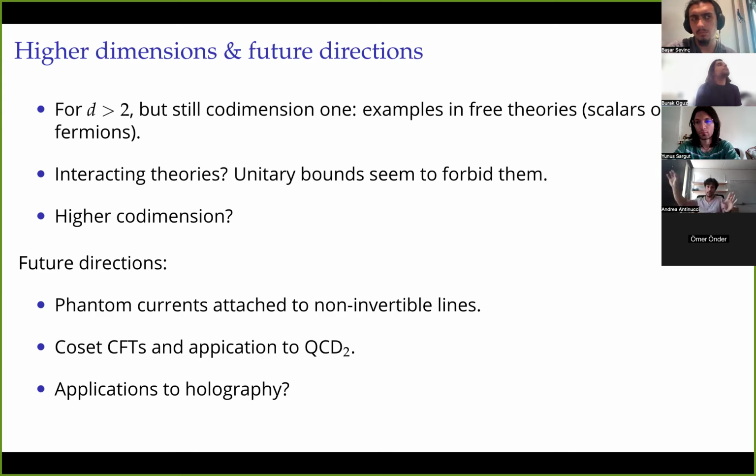Then you want to get rid of the Kaluza-Klein modes of this sphere, and you may want to predict whether the resulting theory will have an emergent continuous symmetry. It's not clear to me how to do that, but that would be an interesting future direction to pursue.